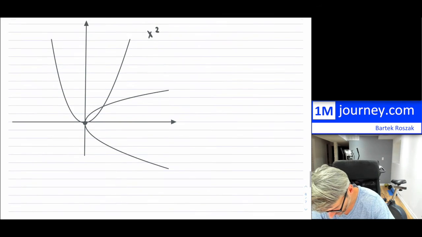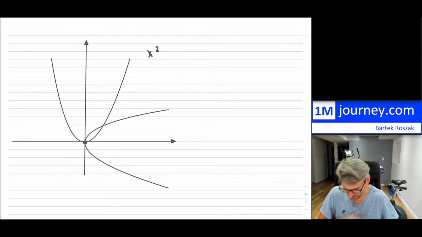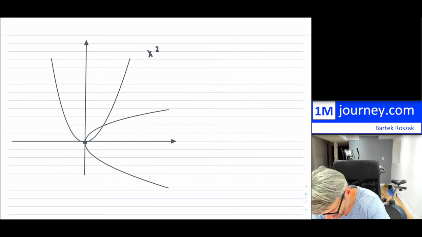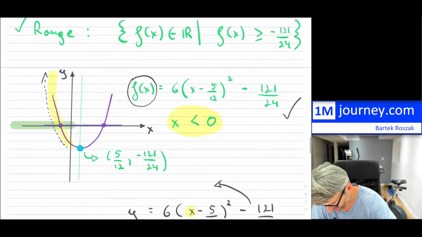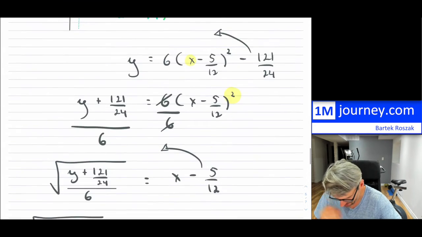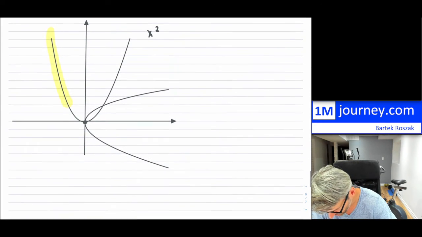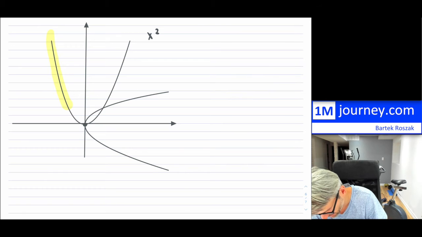That's the inverse. Now, of course, in our situation we're looking at this piece right here, which is less than 0. So we want to find that piece, and the inverse is going to be this piece.